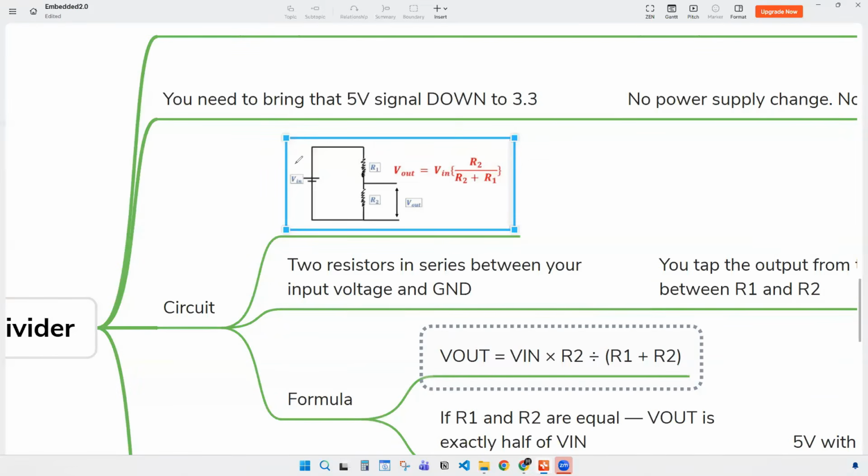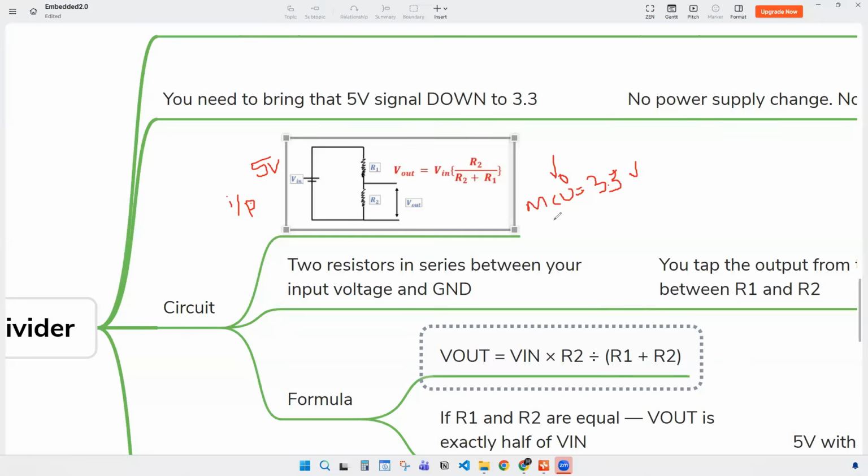Let's go over it again. Imagine this is 5V, as in the example. This 5 volt is our input power supply. For the microcontroller, the MCU, we need 3.3 volts, which is also called V out.